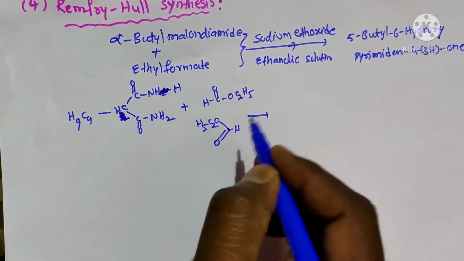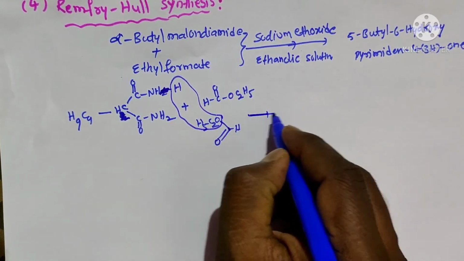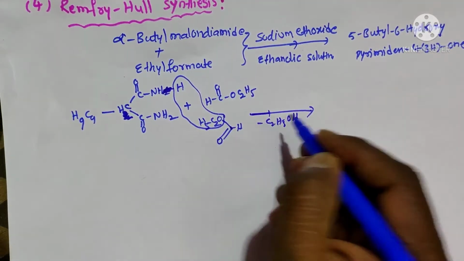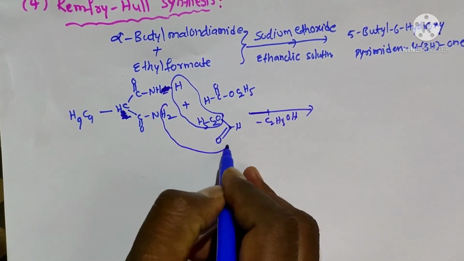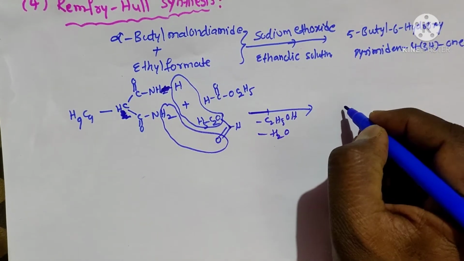So one ethyl group and hydrogen goes outside in the form of ethyl alcohol, and these two hydrogens and oxygen go outside in the form of water.